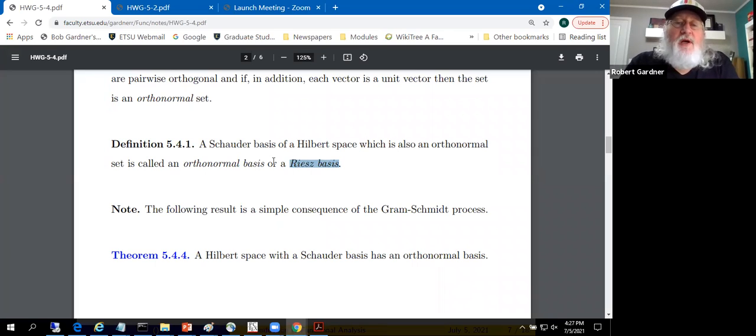But when we talk about a Schauder basis, that means you're allowing infinite linear combinations. You're writing everything in the vector space as a series of elements in the countable Schauder basis. So a Schauder basis that's orthonormal, we'll call an orthonormal basis, and probably stick to that terminology. I need to be clear in this setting of Schauder that we're taking infinite linear combinations. That's the thing that's changed over Rn and over sophomore linear algebra.